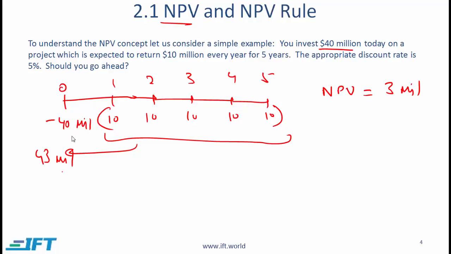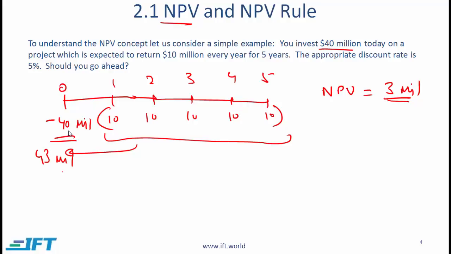So NPV effectively is your present value of future cash flows minus the present value of your investment. In this case, the investment happens at time zero, so the present value is 40 million. What the NPV of 3 million is telling us is that the present value of future cash flows is greater than the present value of the investment.